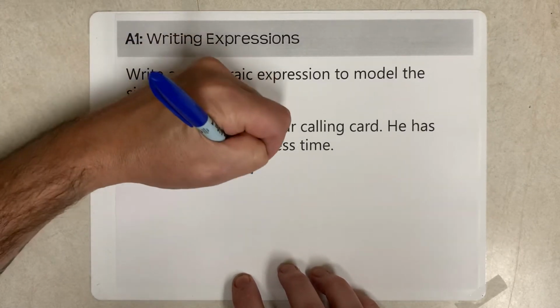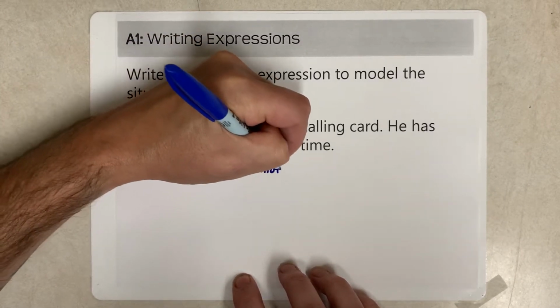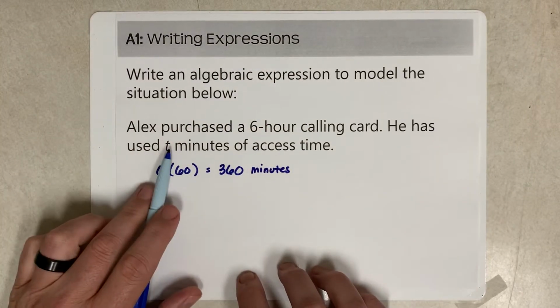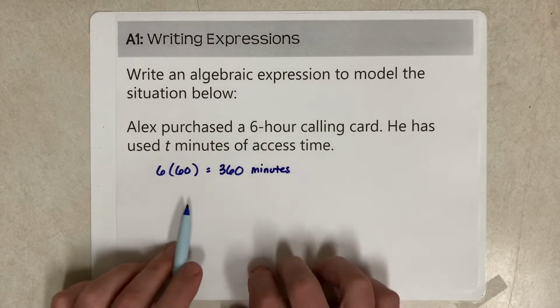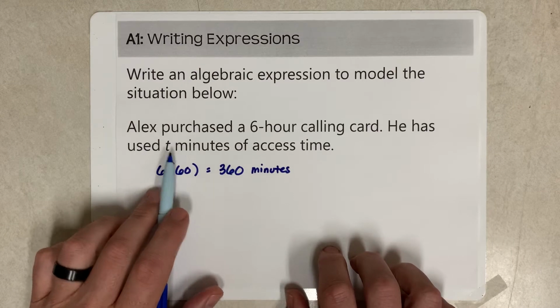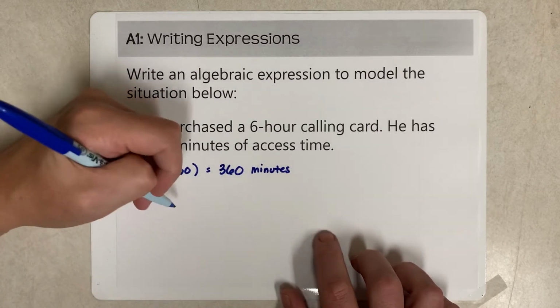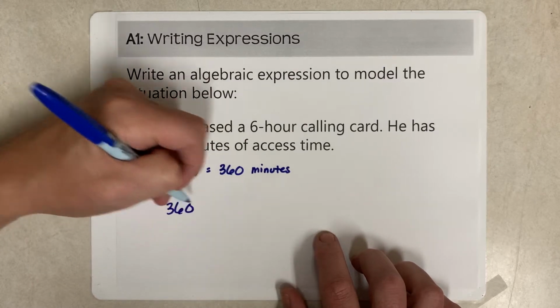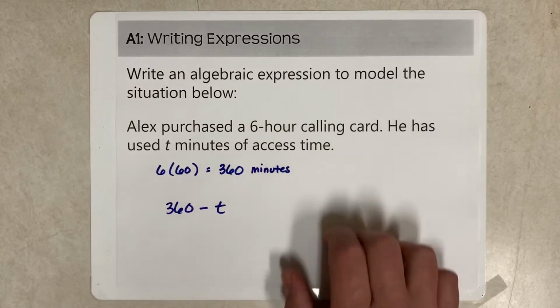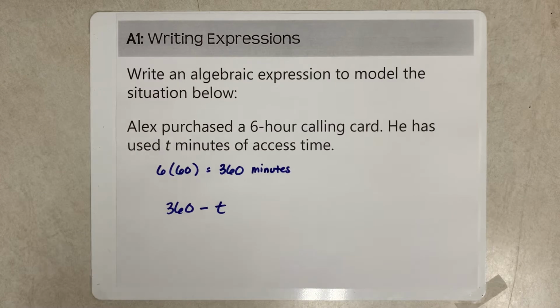So we're talking about 360 minutes. So he's already used T minutes of the access time. So you have to subtract that T that he's used from the amount that was originally on there. So an expression might be something like 360 minus T, and that would be it.